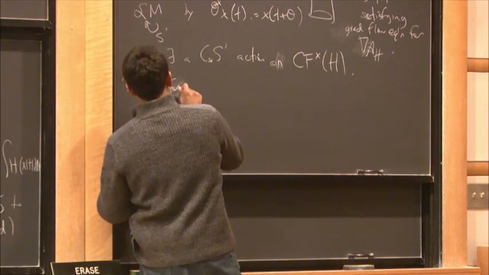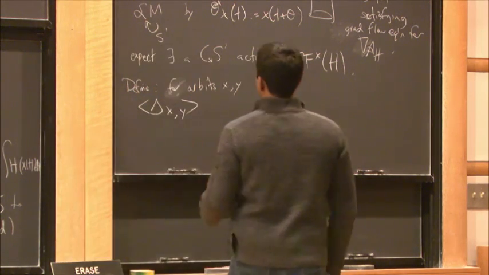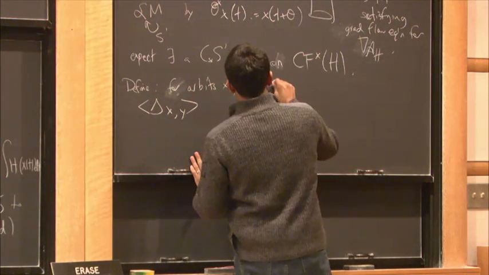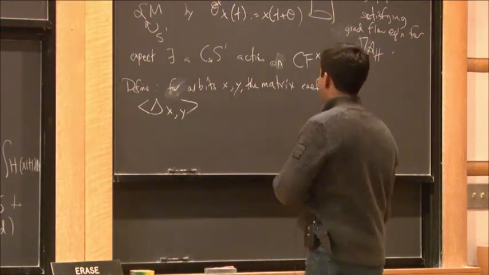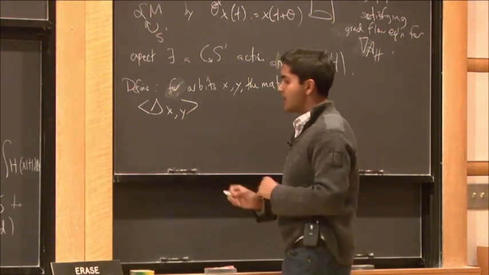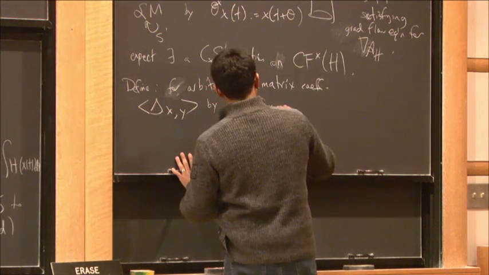So let's define it. For orbits x, y, let's define the matrix coefficient delta xy by counts of parameterized moduli spaces.